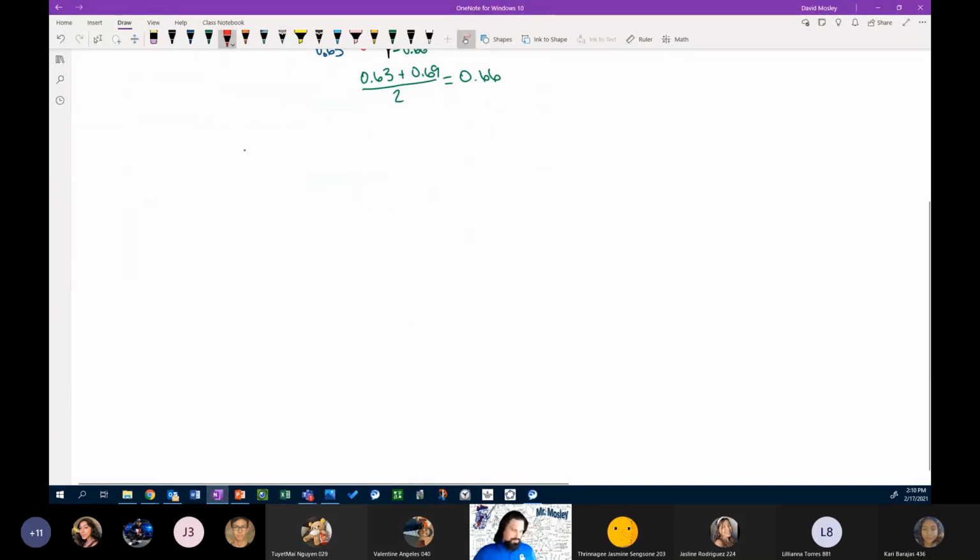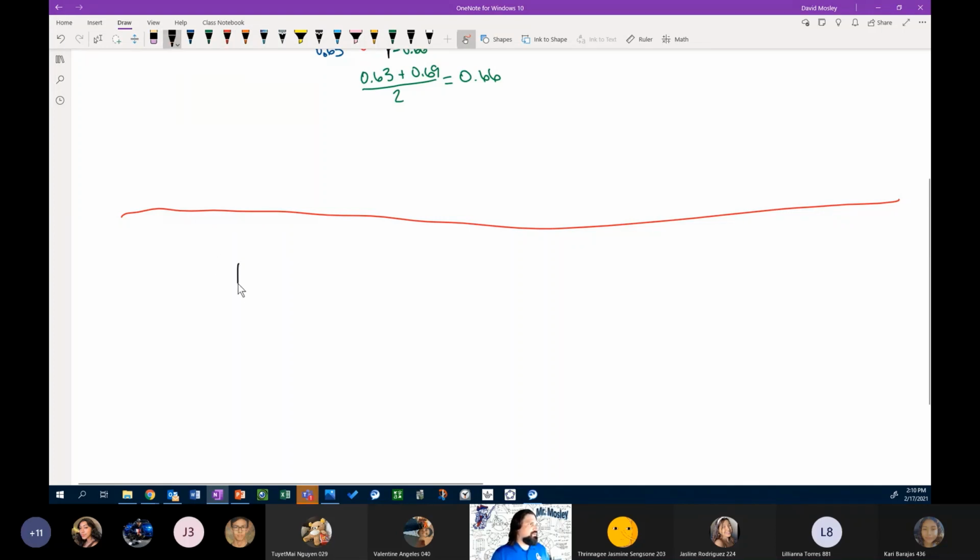Right, so in this problem, I have the interval of 10.9 to 26.5, and this is our confidence interval.